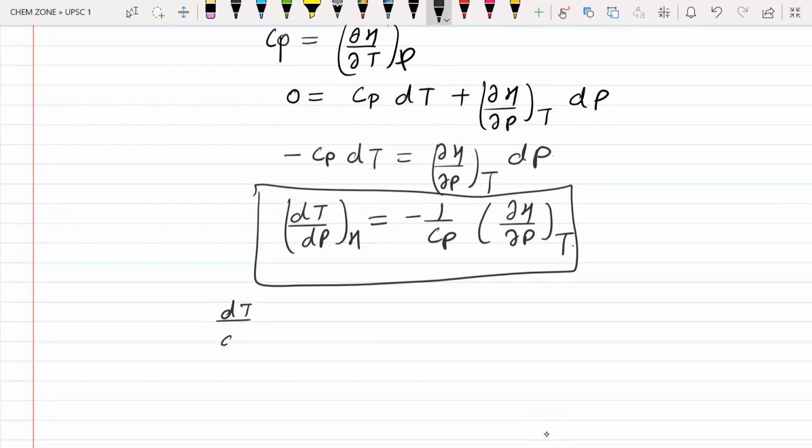In this equation, the rate of change of temperature with respect to pressure during an isenthalpic process is called Joule Thomson coefficient.